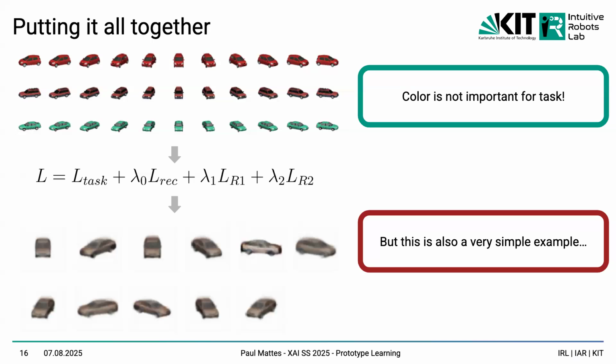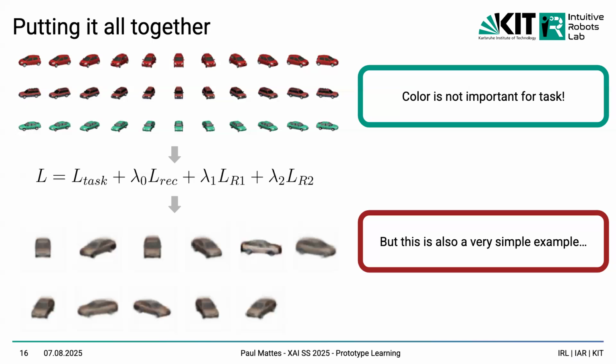Any questions until here? Yeah. Is this loss specific for this data set, or is this general? This is a general loss. For all prototypes? This is a general loss. So the task loss is 100% general, because you always want to have this loss in your models. The reconstruction loss depends, right, if you actually want to reconstruct something or not.